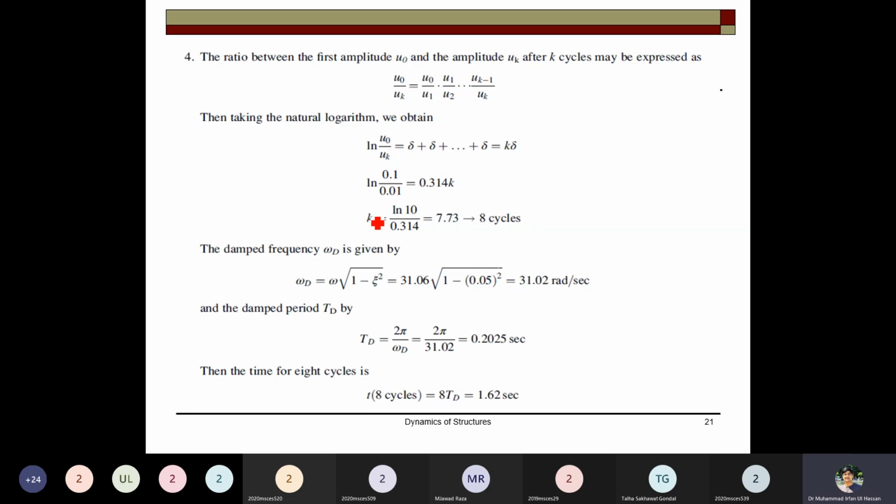So the ratio between the two can be expressed in this form: log of any displacement to the next displacement is equal to k times delta.